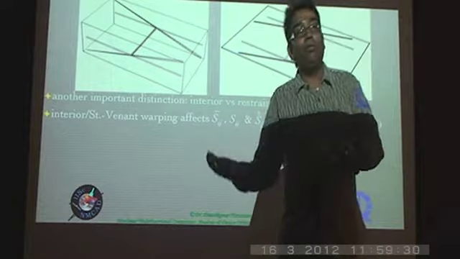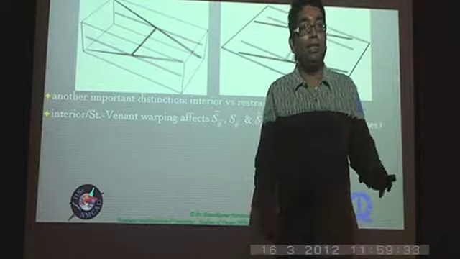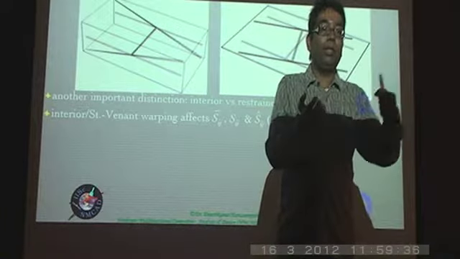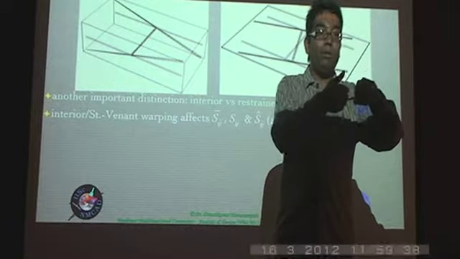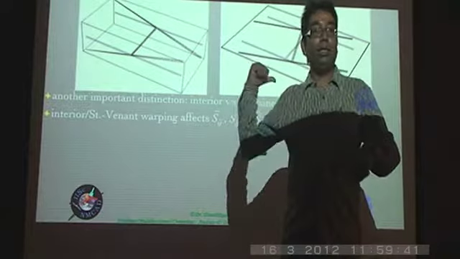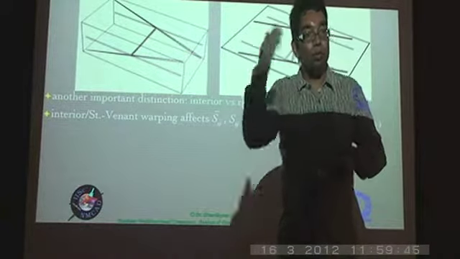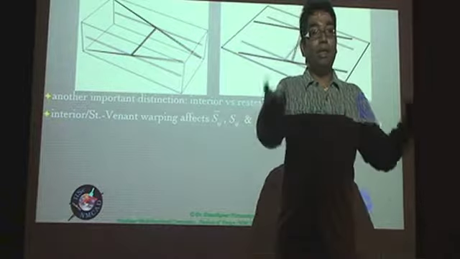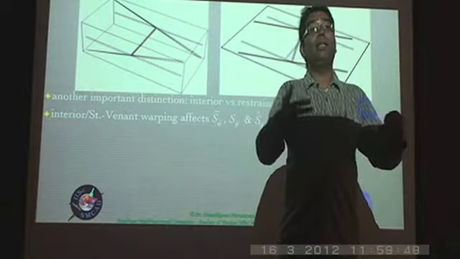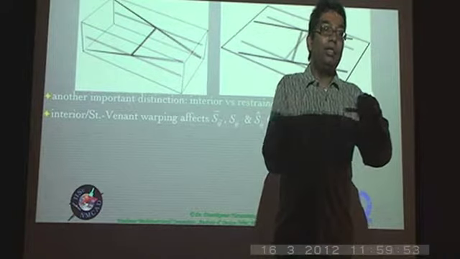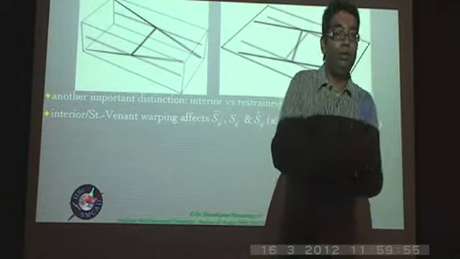One is coming from the so-called 1D strains itself, the extension, the torsion per unit length, and also the bending curvatures. But the other, which is the restrained warping, is coming from higher derivatives of those 1D variables itself. And because they are coming from the higher derivatives, it's the boundary, the way it is contributing to that.